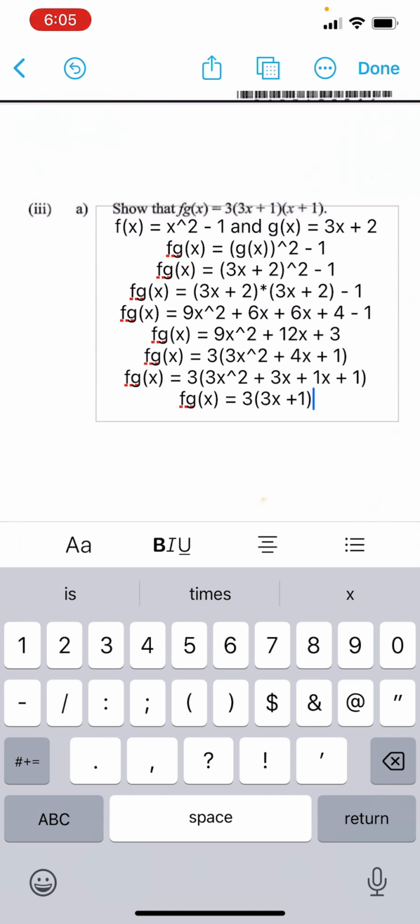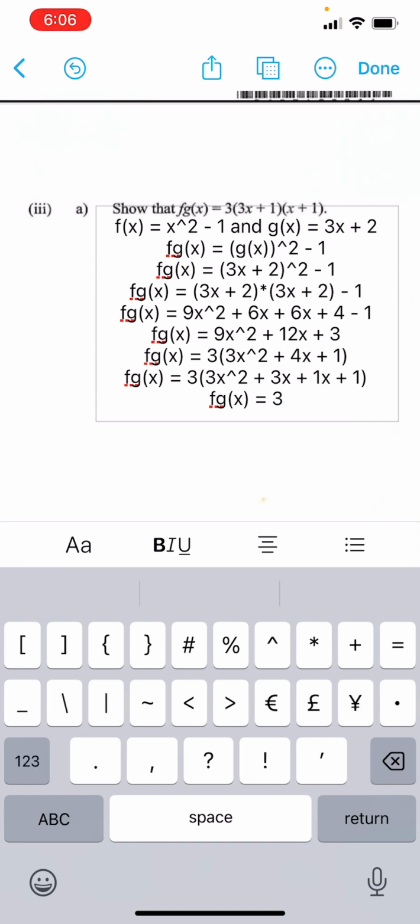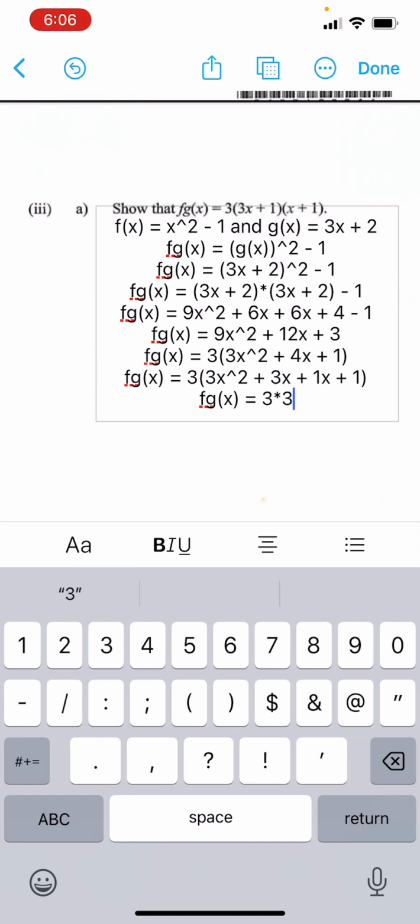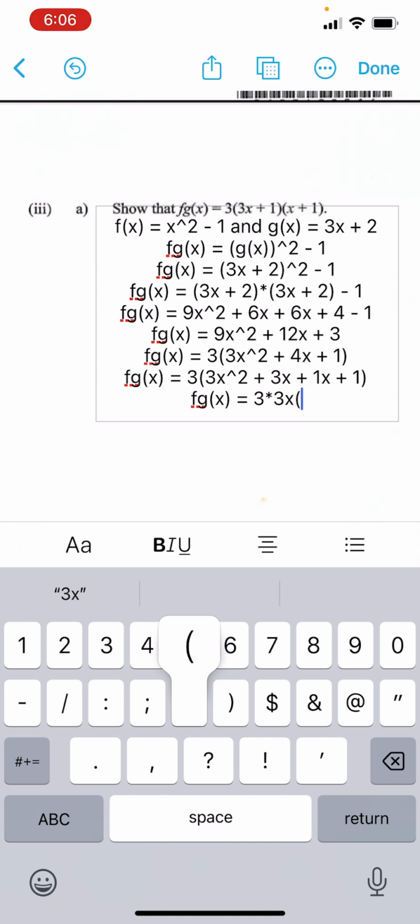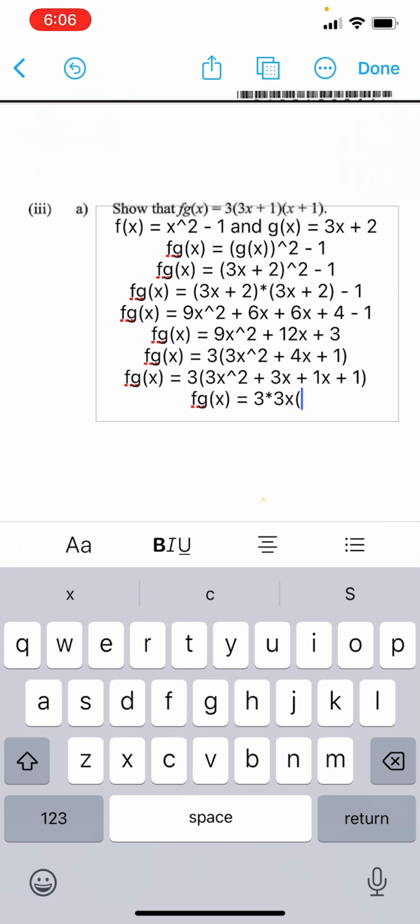Gonna bracket this. No, I'm getting ahead of myself here. So again, we're factorizing.